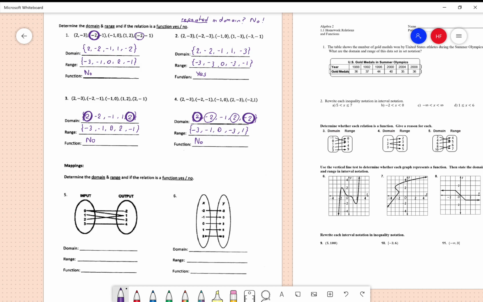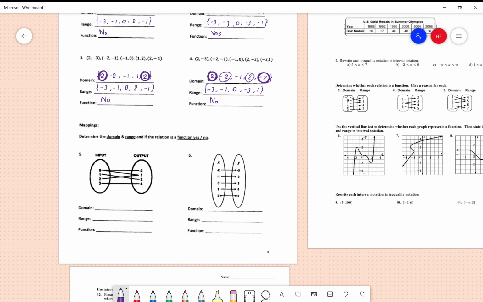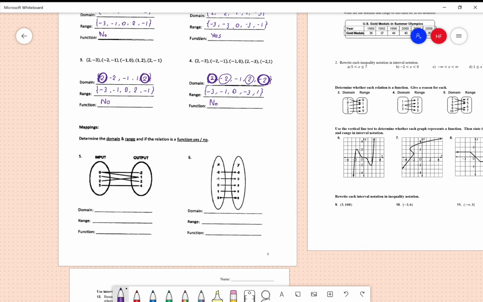Now when we're looking at mappings, we have to determine the domain and the range and if it's a function or not. Mappings go from x to y, so they labeled it input, output. That means if any of these go to more than one y, then it is not a function. So already I see right here that 0 is going to -2 and it's going to 1.